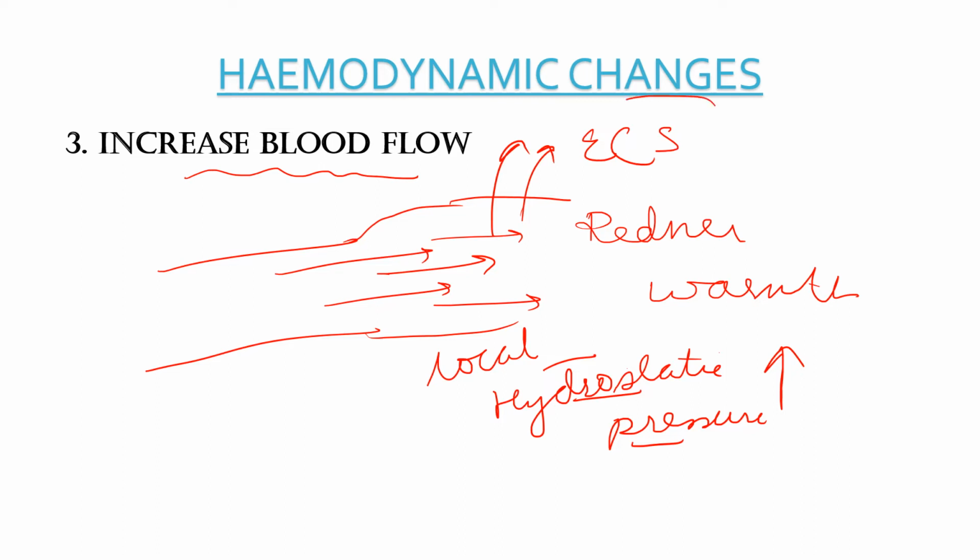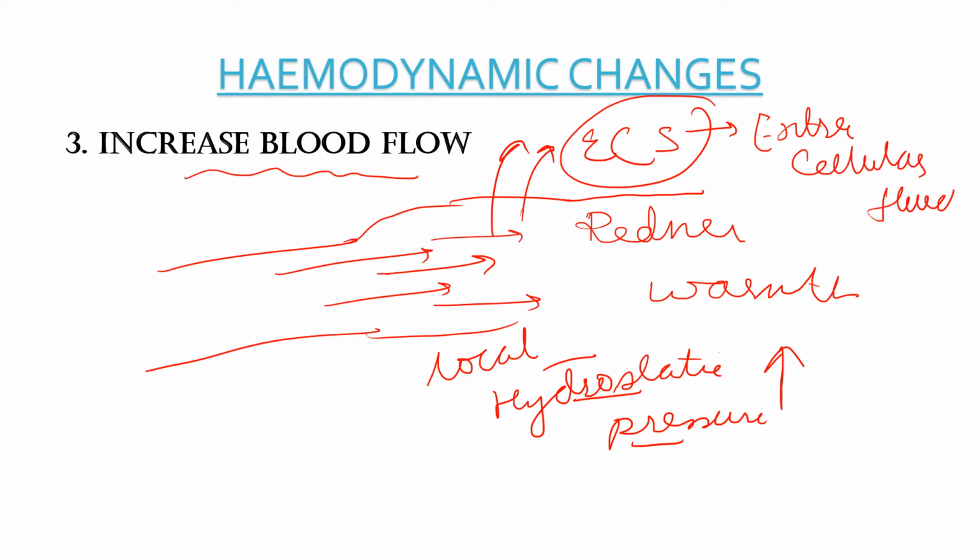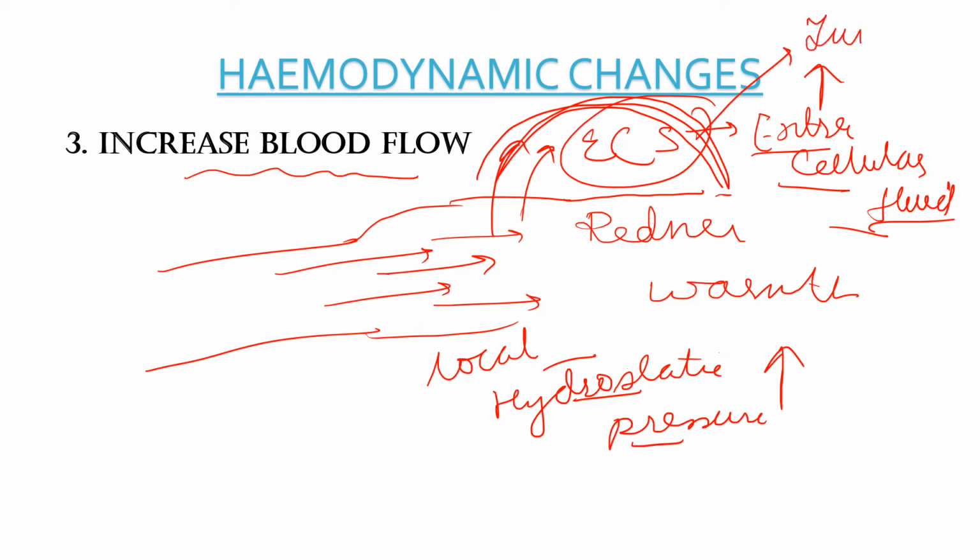Once it enters the extracellular space, it is called extracellular fluid, which increases the amount of fluid in the space. We will see an inflamed part in the area, and thus we can see the third sign, that is tumor or swelling.